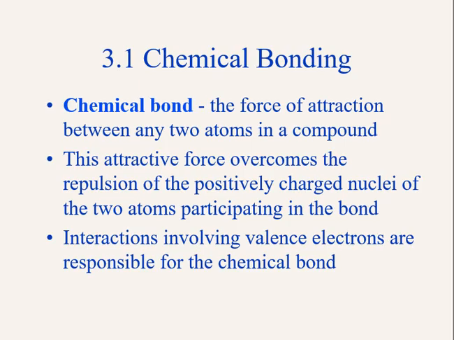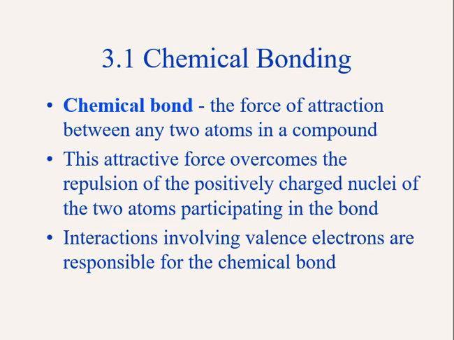Clearly they both have a nucleus and both of them have positive charge in the nucleus because of protons. While the protons in the nucleus of the two atoms repel each other, you would also expect the electrons to repel each other. So what brings them closer?